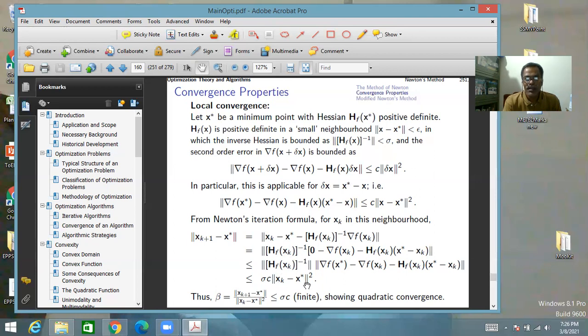So see this changes square. Now take this and divide on the other side, and you get norm of xk plus 1 minus x star divided by norm of xk minus x star squared is less than or equal to sigma into c. This is finite, this is also finite, and so you get this finite with the power 2 here. And that shows that Newton's method has quadratic convergence.